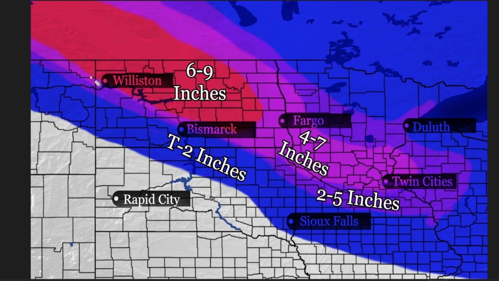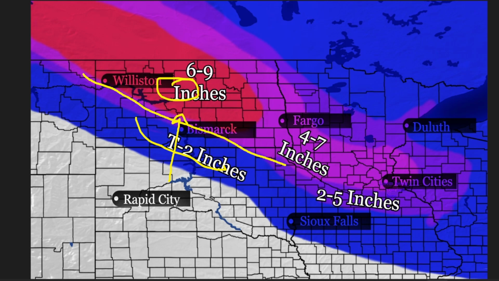Then we have 4 to 7 inches in through here. Now notice this tight little gradient here, really, really tight between our little blue area of trace to 2 inches and 6 to 9. I talked about that frontal boundary that sits in through here and how we get that warm, moist air overrunning it. We get that narrow band or area that just gets all kinds of moderate snow.